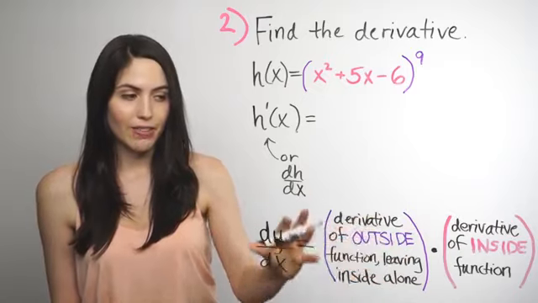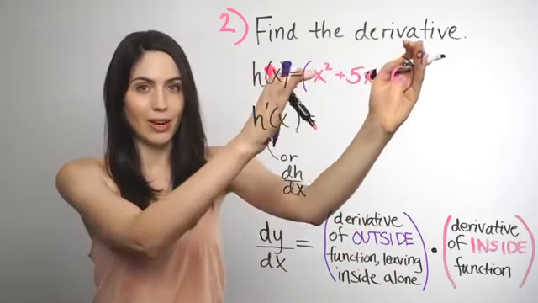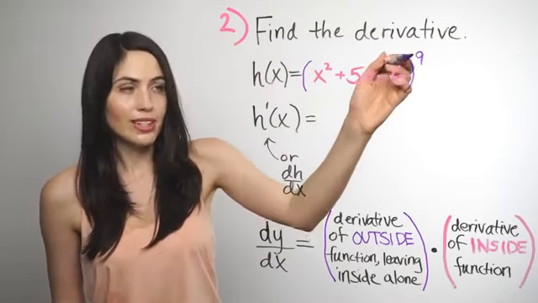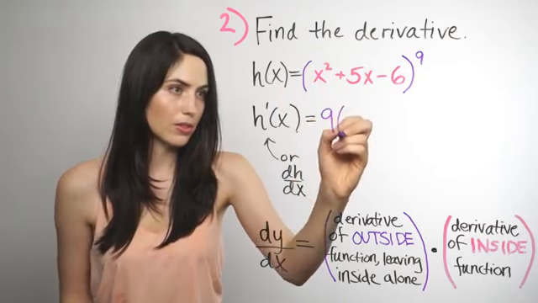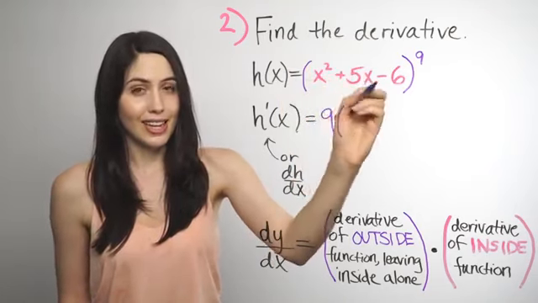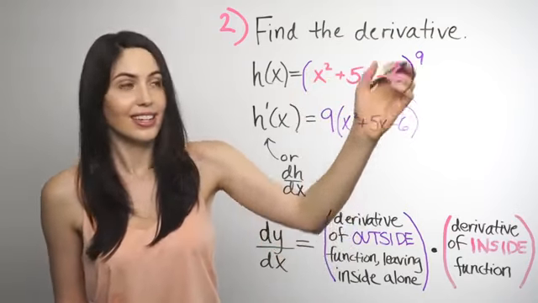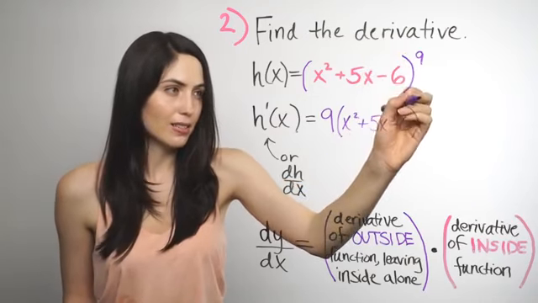First take the derivative of the outside function, this outer part, the power of 9 only, so you'll use the power rule and bring down the power to the front. Leave the inside the same, just leave it the way it is for now. And reduce the power by 1, so instead of 9 we have a power of 8.